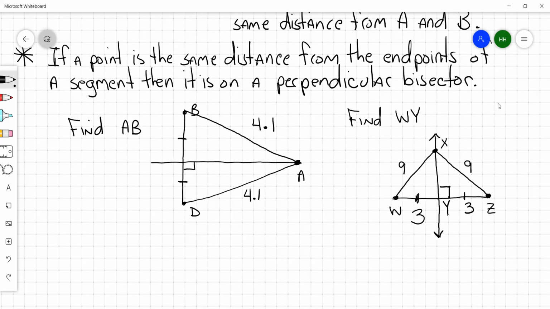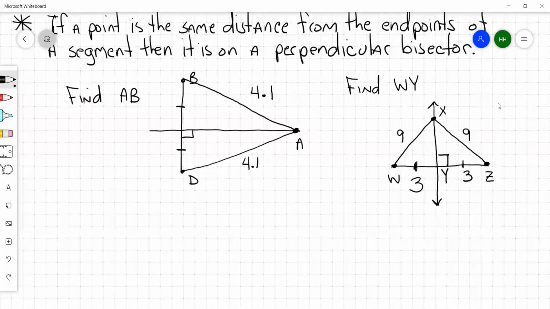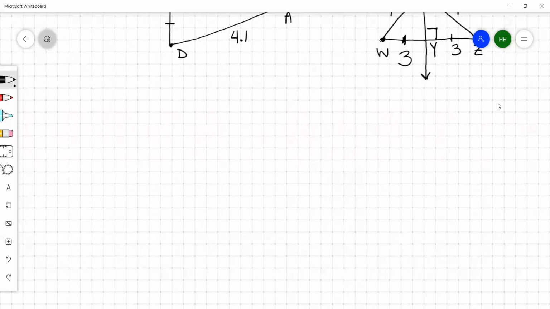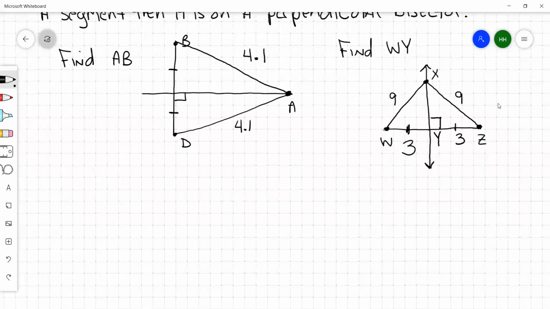If we go back to, oh, let's just draw another one. You need this diagram again right here, this first one.